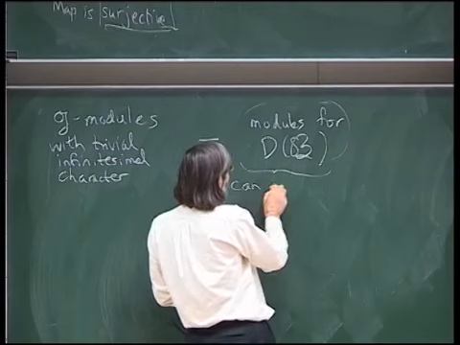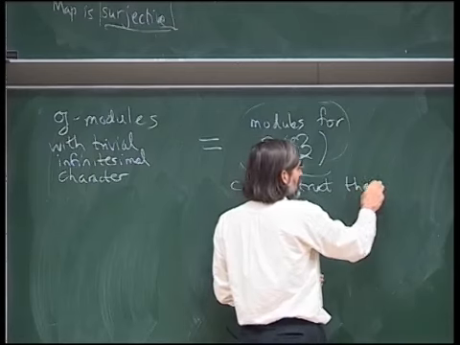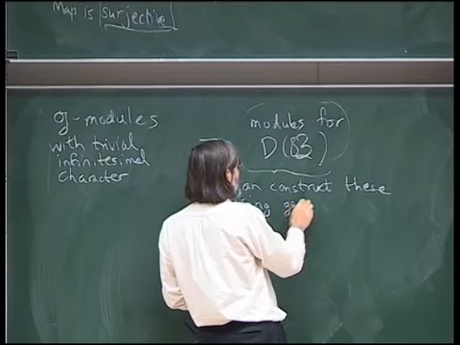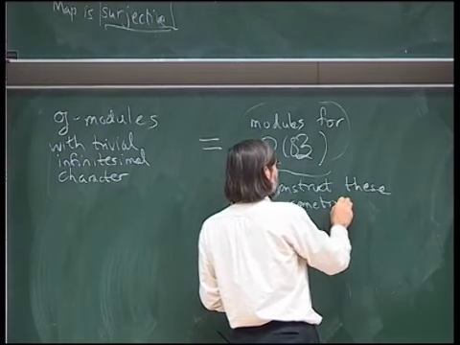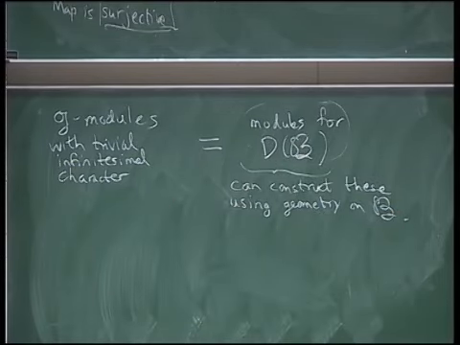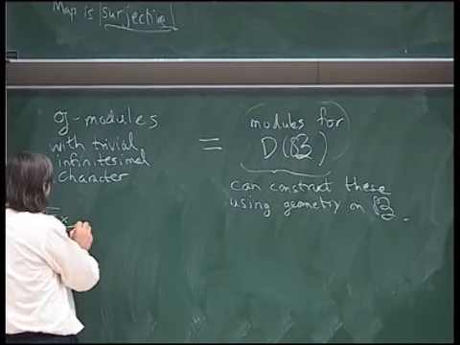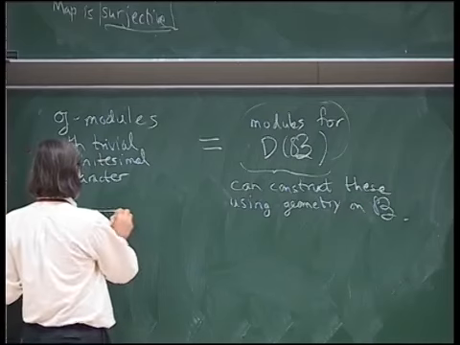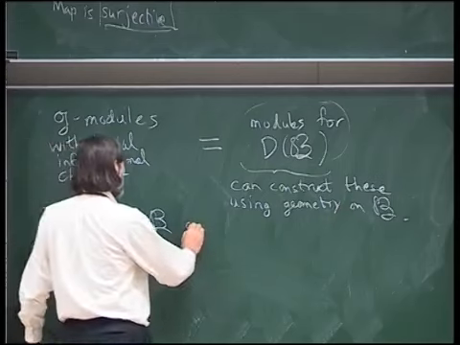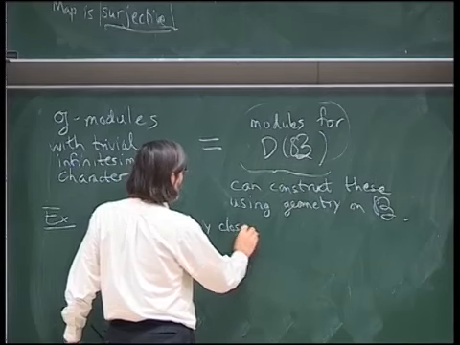you can construct these using geometry on B. So, for example, if you take Z inside B, well, any closed subset.